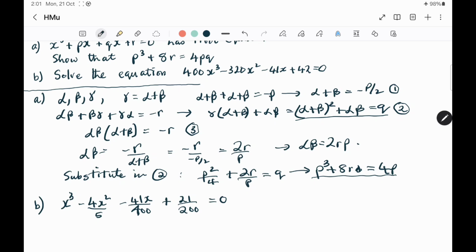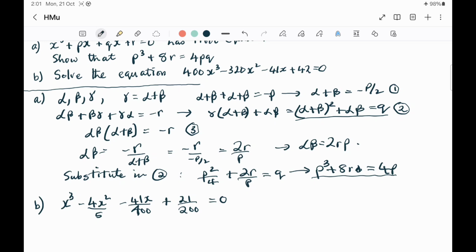Now, you might be tempted to try and use the factor theorem or the remainder theorem to do this, but I would advise against doing that. Use the hint that you were given in the first part, that one of the roots is the sum of the other two.